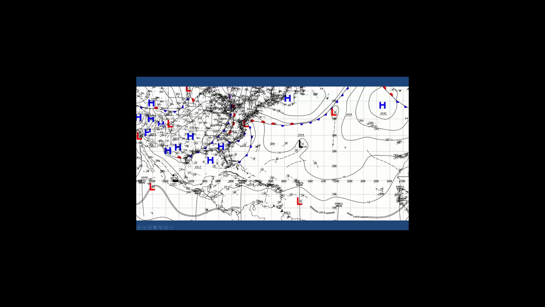But if we look here off the coast of Africa, you can see tropical wave is written in. As we saw on the satellite, we saw that cluster of storms coming off Africa. Then here's that other tropical wave around 55 degrees west longitude. And that's just approaching the Lesser Antilles now. So there is actually a weak tropical wave also in the Caribbean that doesn't really have much in the way of clouds or storms with it.